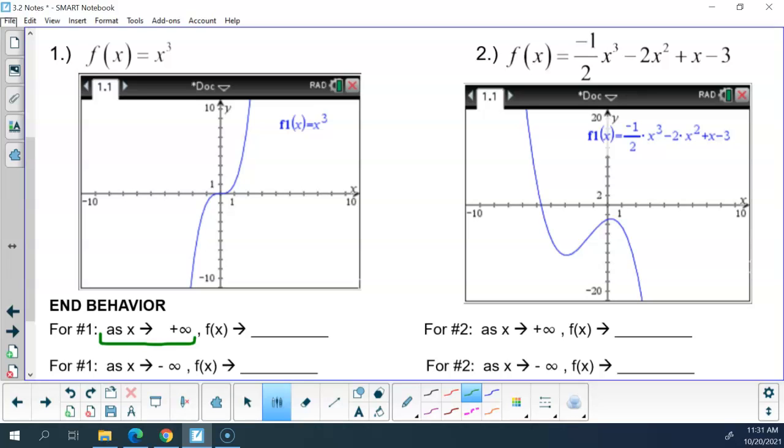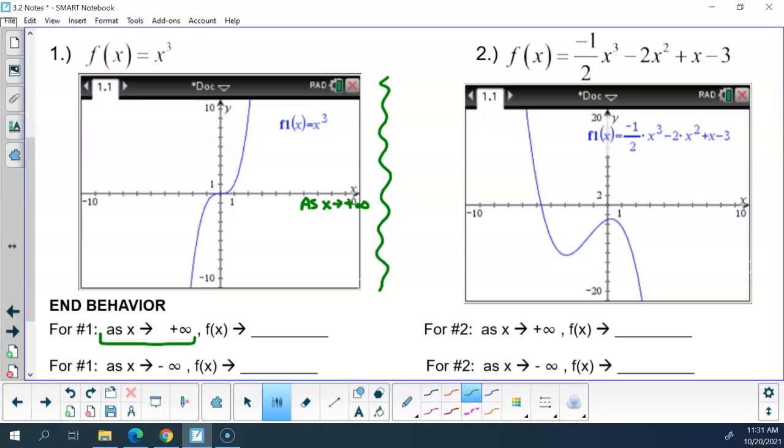On a graph, where do I find the x values? On the horizontal, right? So the whole horizontal is all of the x values. So as x approaches positive infinity is the right side of your graph.